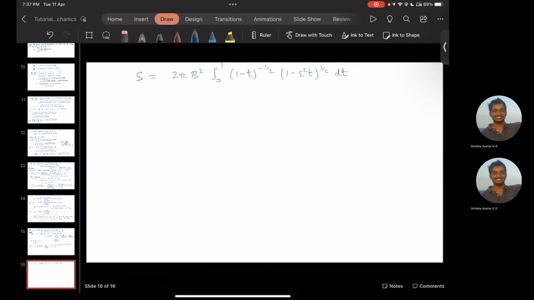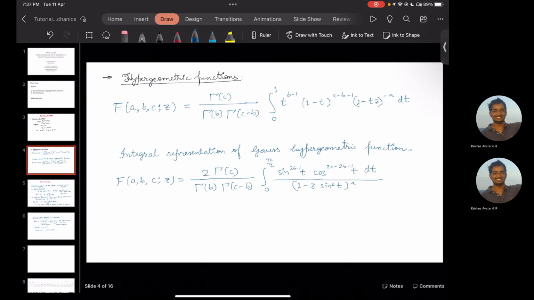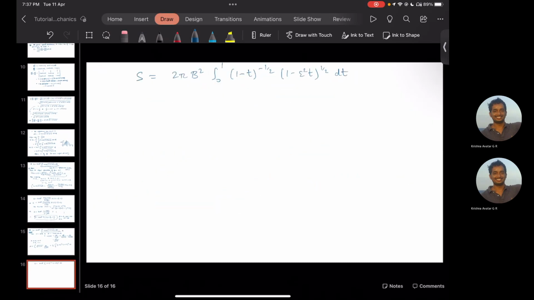Okay, so let's compare with the standard form that we have.